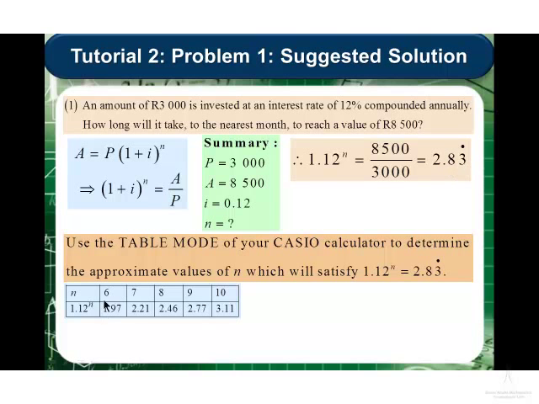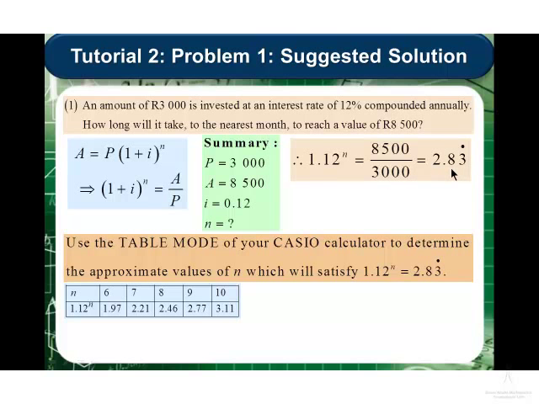So clearly n equal to 6 or 6 years will not be enough for the investment to grow from 3,000 Rand to 8,500. The same will happen if you choose n equal to 7, 8 or 9. But if you choose n equal to 10, we see that the output in this case will be 3.11, which is more than what we will be looking for to satisfy this particular equation.